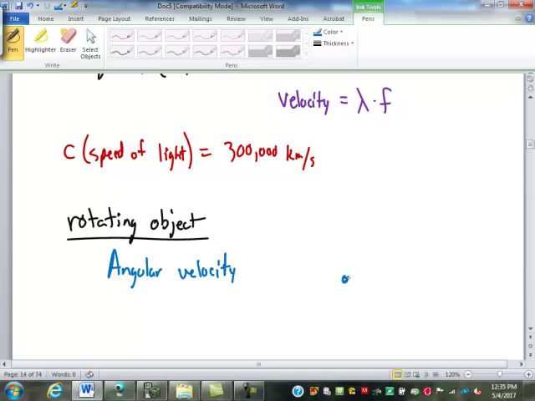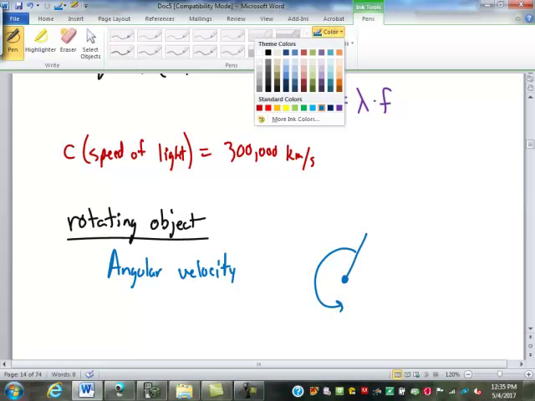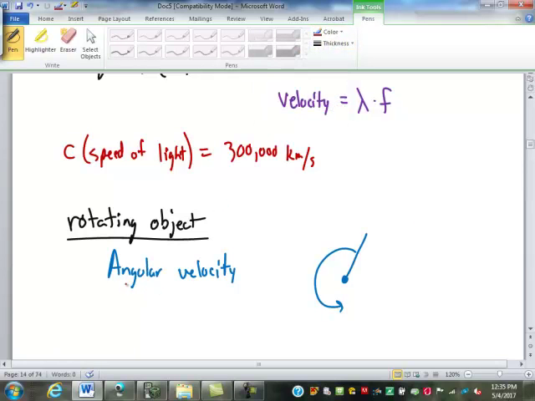So I have something here that is pivoting around a center here, rotating in a circle. This could be the crankshaft of a motor, could be the shaft of an electric motor, a pulley on an electric motor, could be a planet orbiting around the sun. They all have some form of angular velocity because they are going in circular motion. And it does have to be circular motion.